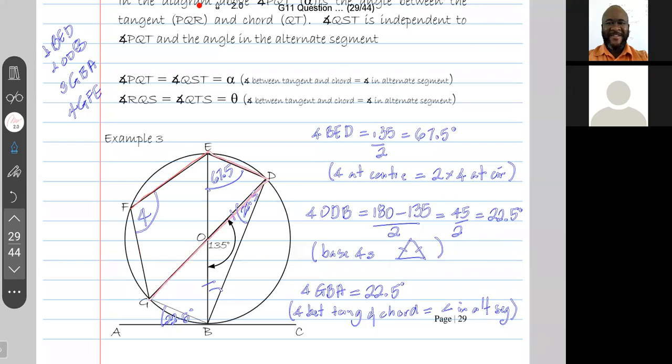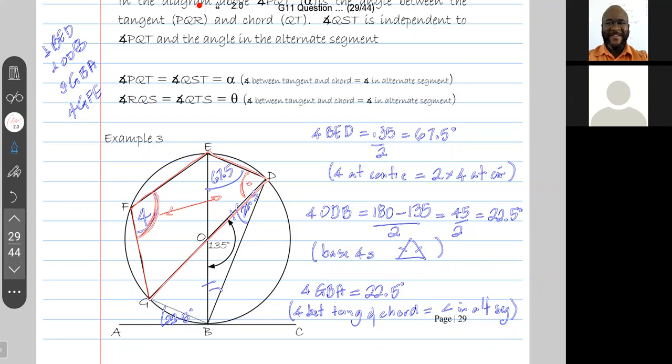I'm going to use the fact that this is a cyclic quadrilateral, and the fact that opposite angles in a cyclic quadrilateral are supplementary. So if I can find this angle here, I can find these two angles because opposite angles in a cyclic quadrilateral add up to 180 degrees.